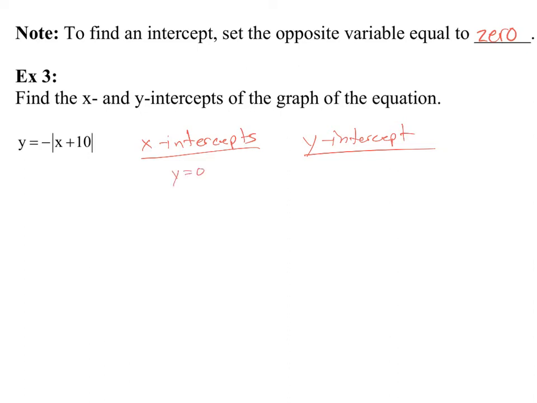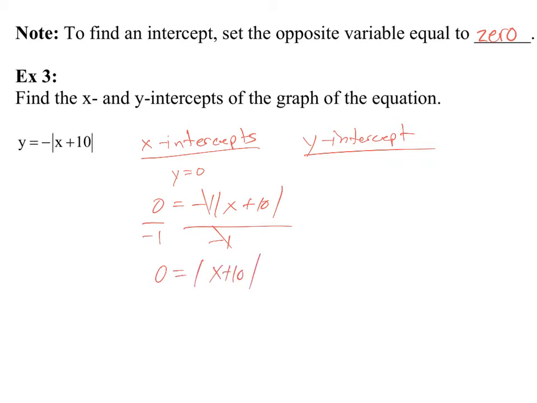All right, so I plug in 0 for y. I get negative of x plus 10, absolute value. Okay, now since I have a negative in front of the absolute value, I need to isolate the absolute value first. So I divide by negative 1. And I get 0 equals the absolute value of x plus 10.